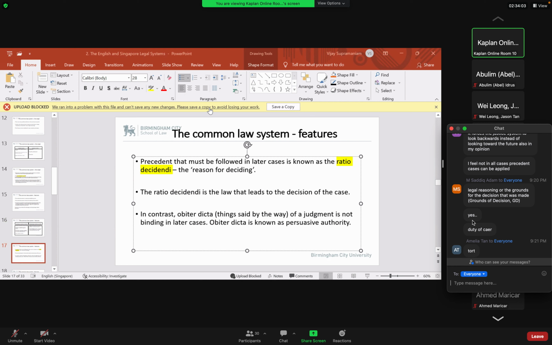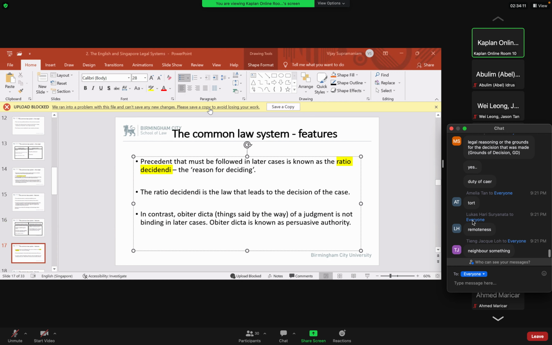Of course, they applied negligence. So yeah, duty of care is correct. What was the test they established in duty of care here? Not remoteness. Yeah, Jack, you're right. Neighborhood test. The neighborhood test was established for the first time in the case, right?